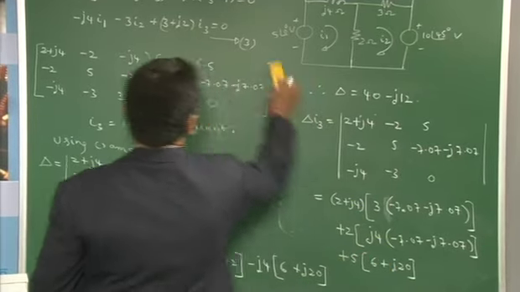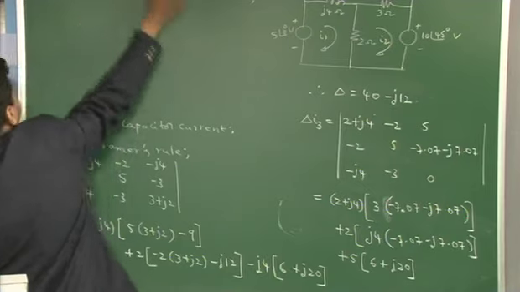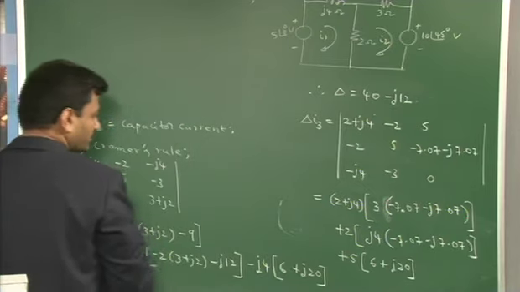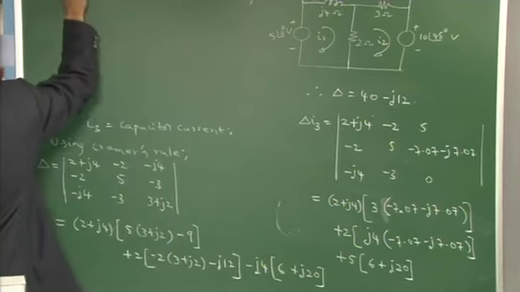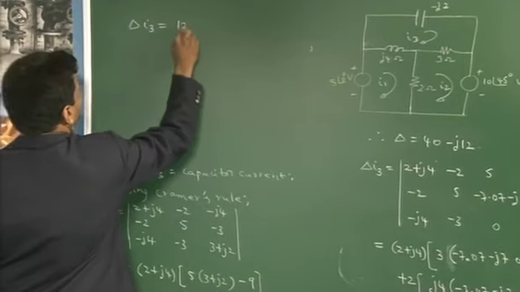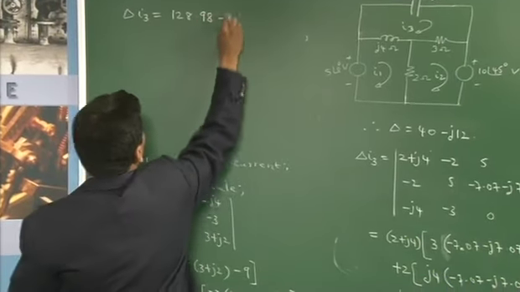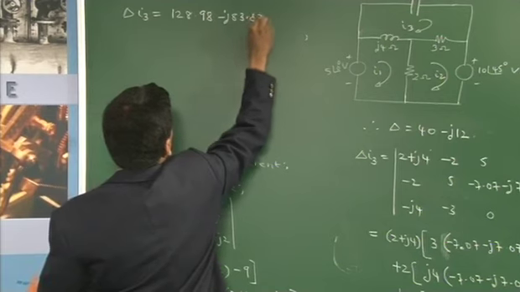Yes. Then we will now use the calculator in the complex mode to get delta I3 as 128.98 minus j83.82.